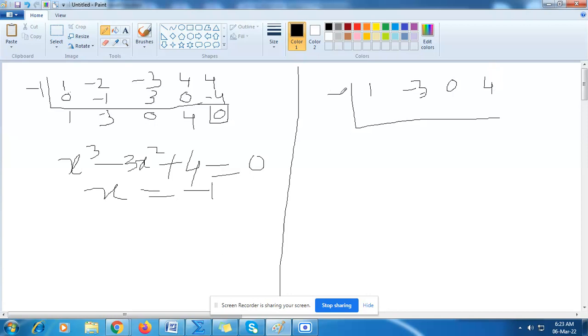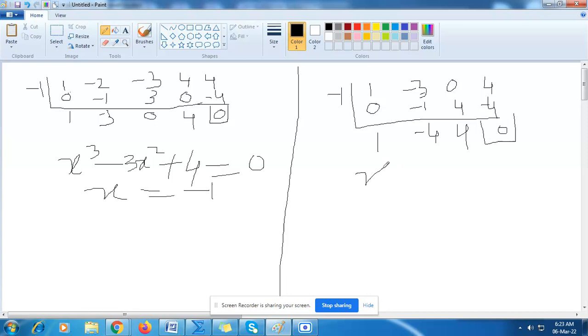Here our inspection root is minus 1. You have to write 0. 1 plus 0 is 1. Minus 1 into 1 is minus 1. Minus 3 minus 1, minus 4. Minus 4 into minus 1, plus 4. 0 plus 4 is 4. Minus 1 into 4, minus 4. So the last number is 0.